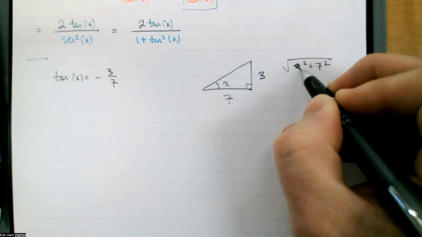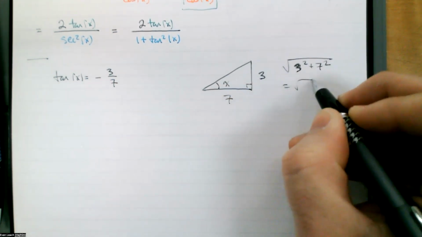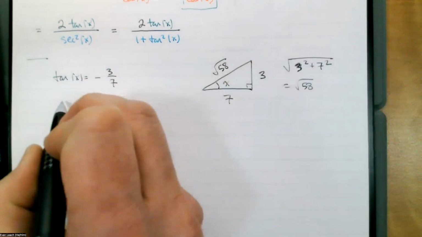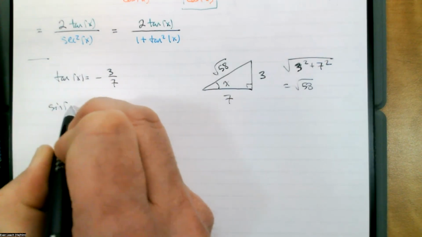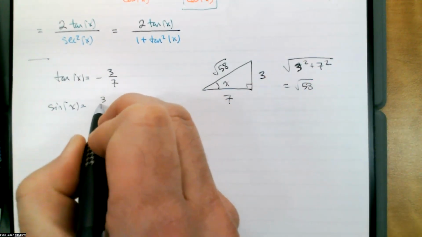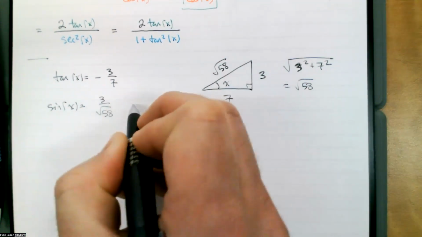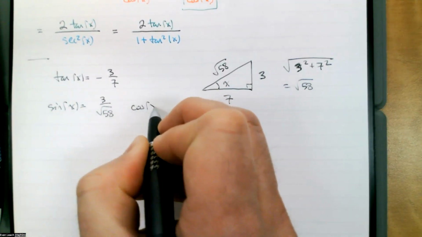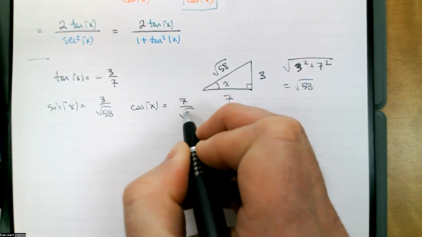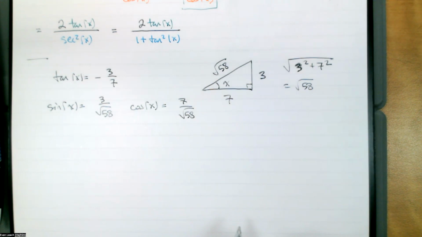3 squared. And so the sine of x is opposite over hypotenuse, and cosine x is adjacent over hypotenuse.